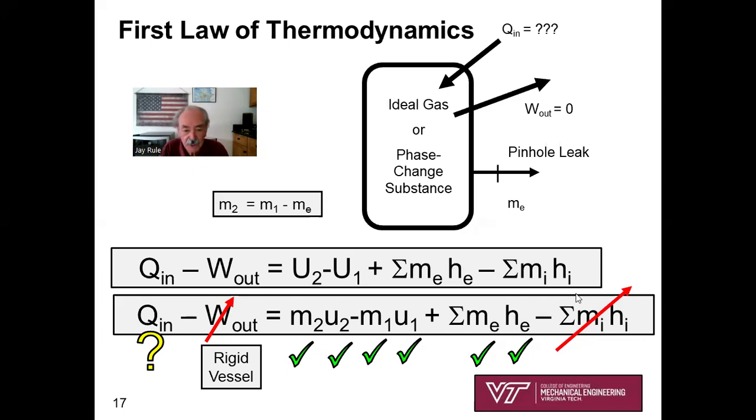Let's see, there's nothing coming in, so we'll strike out this term and simply have to worry about m leaving, h leaving. And so this would be the setup for the flip of the problem that you just solved.